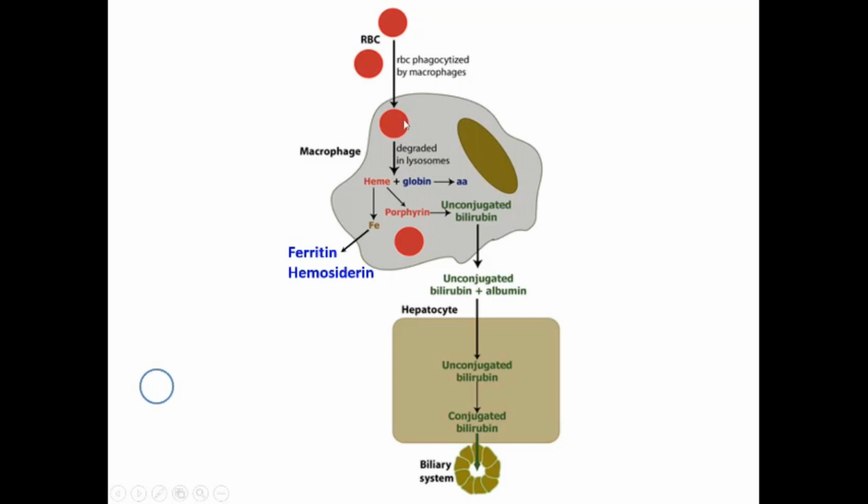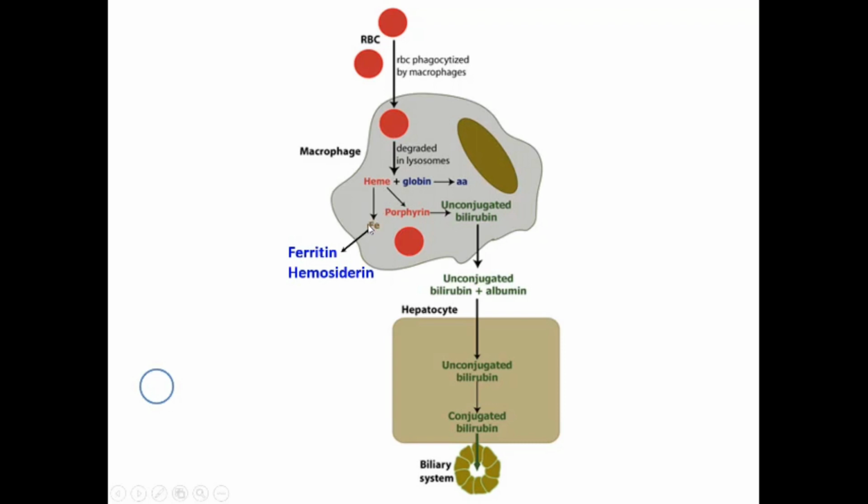The cell is filled with hemoglobin, so the hemoglobin has two parts, heme and globin. Heme again has two parts, porphyrin and iron.